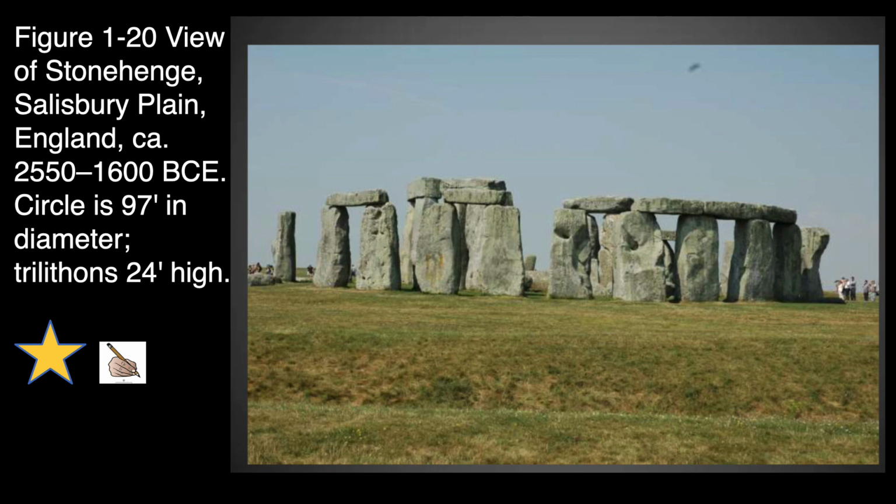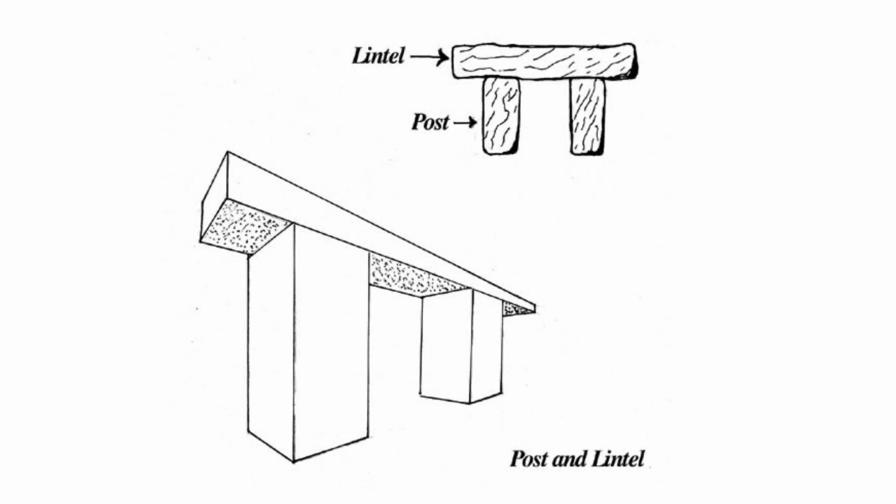Here we have a view of Stonehenge, Salisbury Plain, England, 2550 to 1600 BCE. And the circle is 97 feet in diameter. Trilithons are 24 feet high. This is the post and lintel system used.